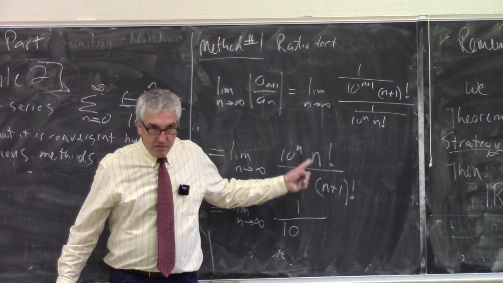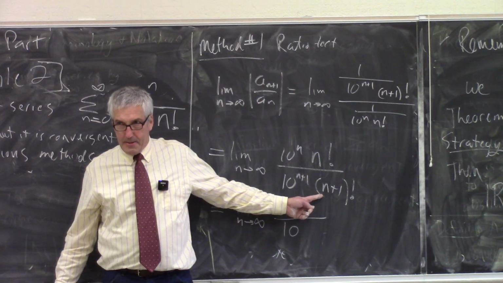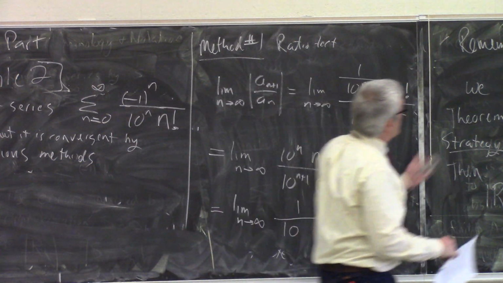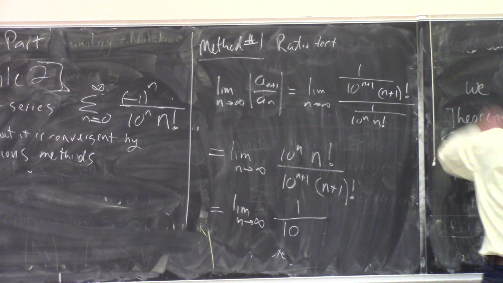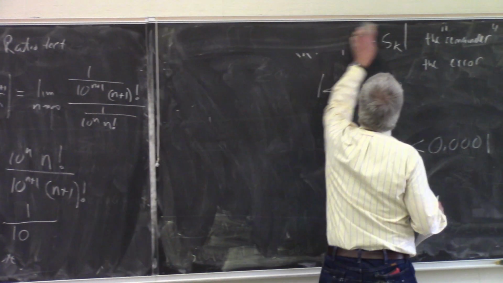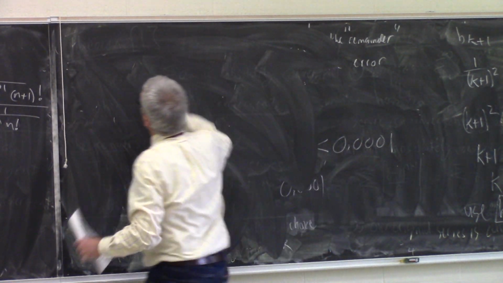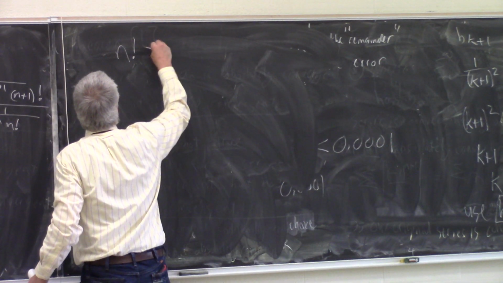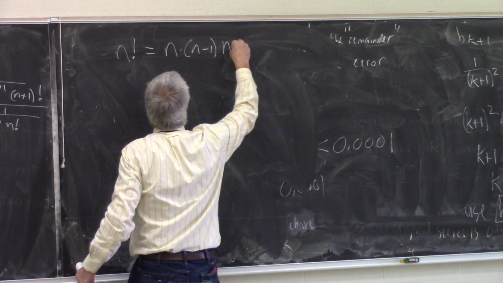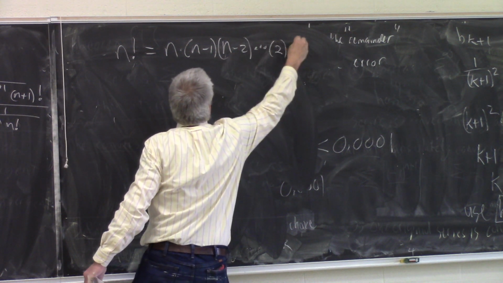Now, somebody else. What's n factorial divided by (n+1) factorial? Well, remember, n factorial is n times (n minus 1), (n minus 2), all the way down to 2 and 1.